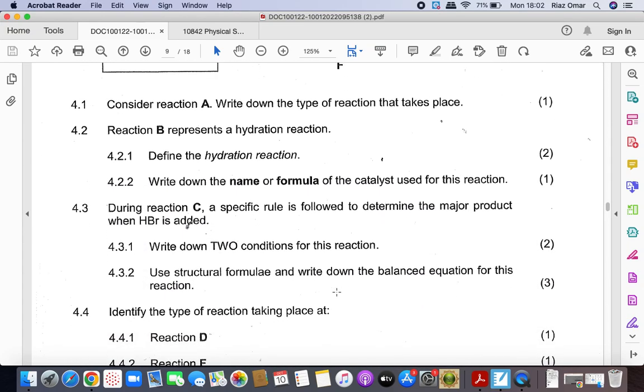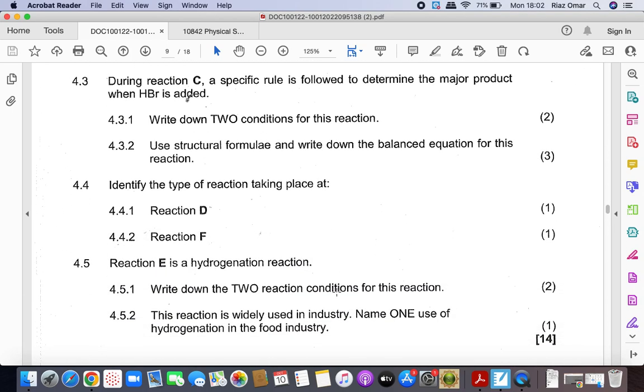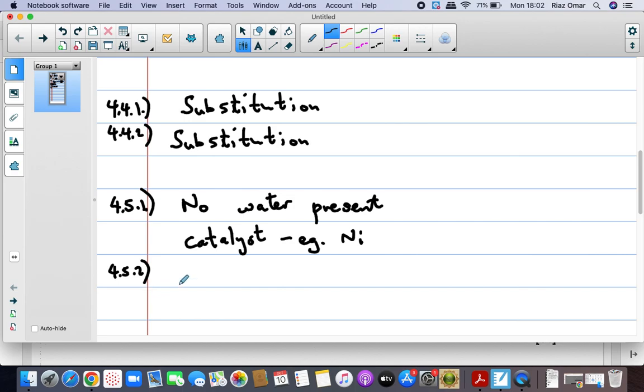The most common use is the manufacture of margarine. So that will be the answer for 4.5.2.